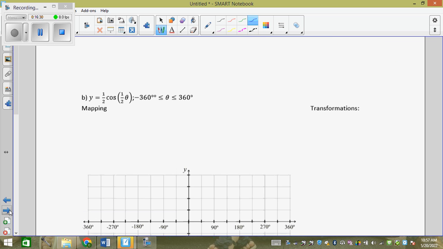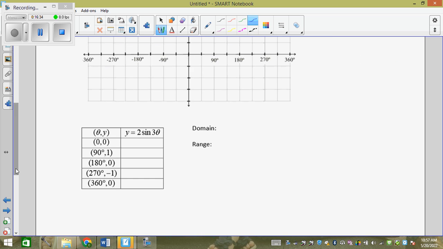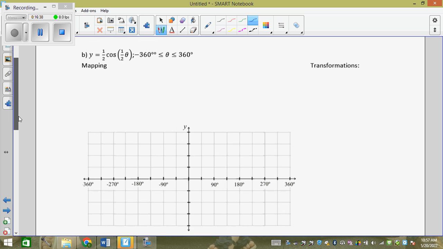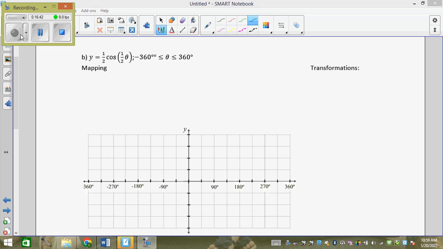Flip over. This one I want mapping, transformations, and domain and range. I'm not going to make you graph it. If it wasn't a Friday, I'd make you graph it. Mapping is going to be x, y becomes 2x, because it always flips, 1/2 y.